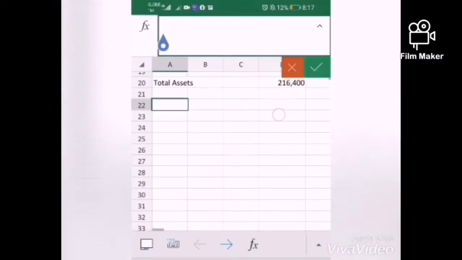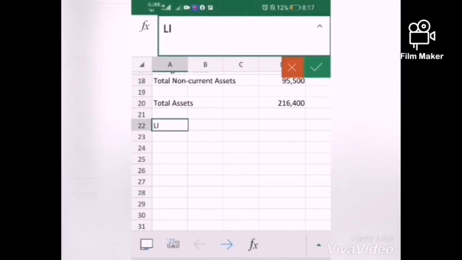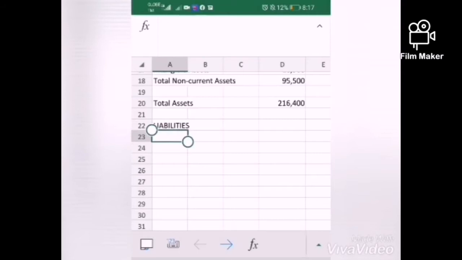Next, our liabilities. First, our current liabilities.